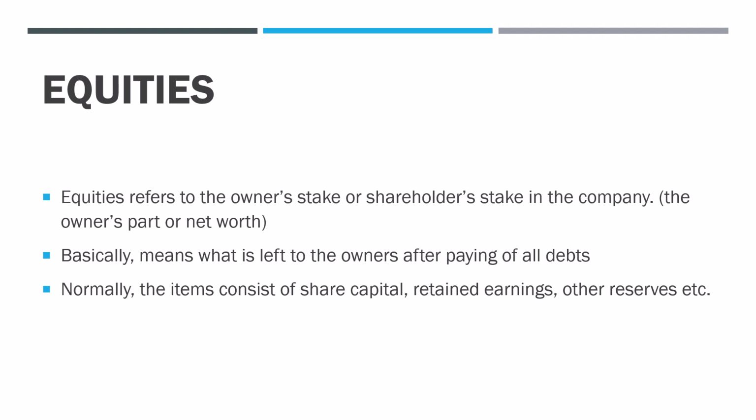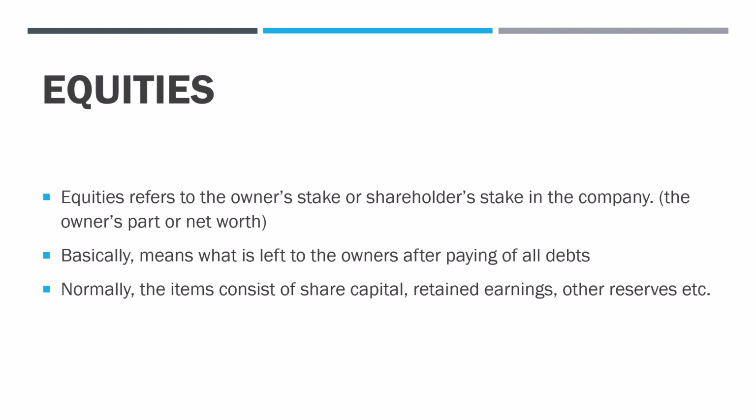Imagine if the company sold everything it owned, all of its assets, and used that money to pay off everything it owed, all of its liabilities. Whatever money is left over belongs to the owners, and that is what we regard as equity.